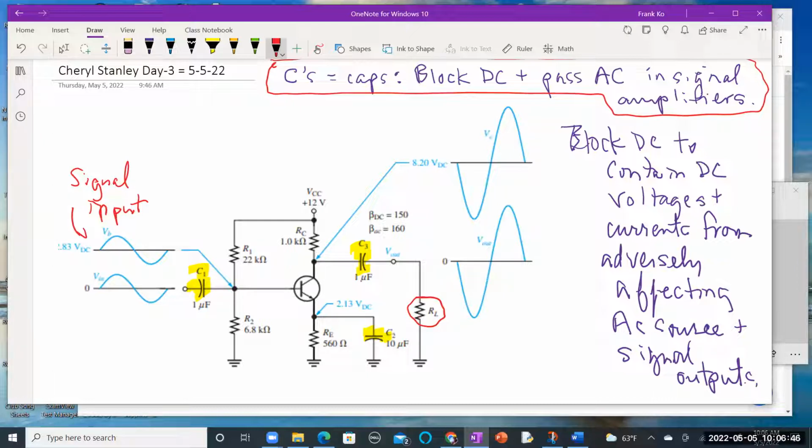Load. Excellent. So the load is typically attached to your output. If you look at the load resistor, it's attached to a point that's called V out, and V out is typically where you could hook up an oscilloscope and measure the signal. You could also measure the signal here. This point would be called the collector. This node is called the emitter, as you know, and this node here would be the base. We can measure at either of those two places.